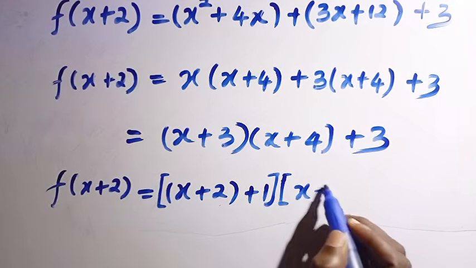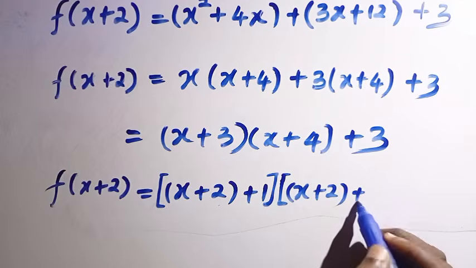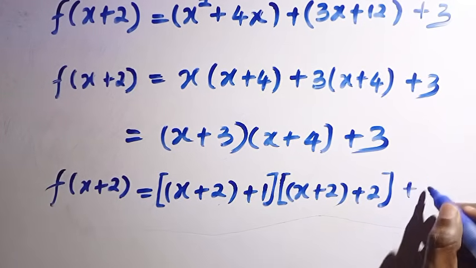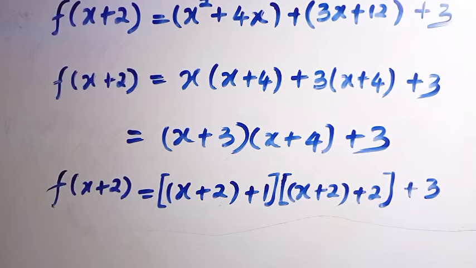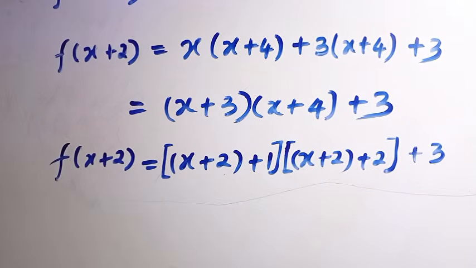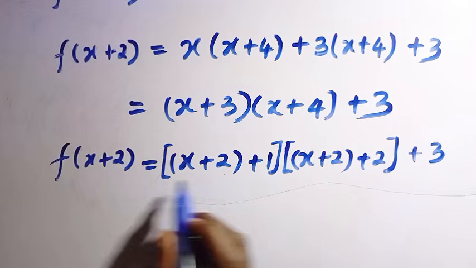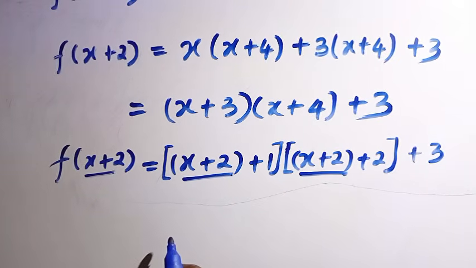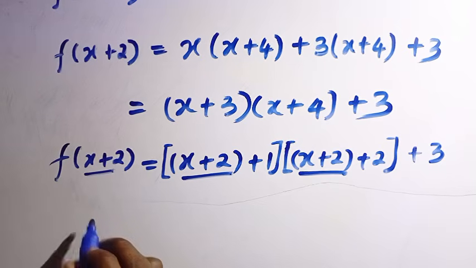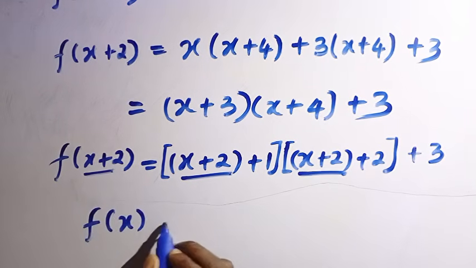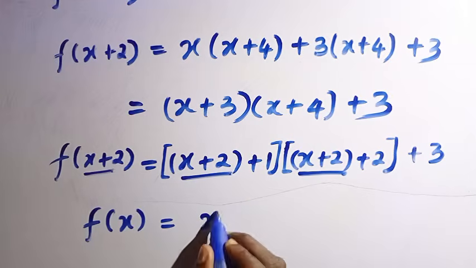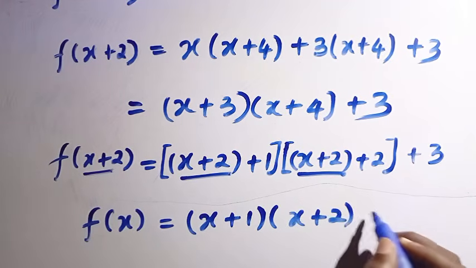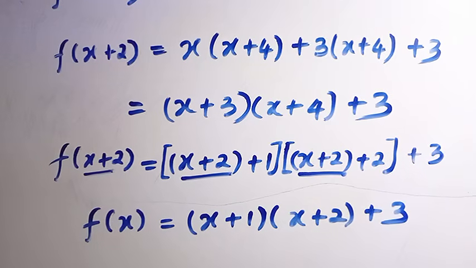Again, we have x plus 2, so here is plus 2, bracketed as well, then plus 3. Next, anywhere I see x plus 2, I'm going to replace it with ordinary x, since I need f of x. This gives us f of x equals x plus 1 multiplied by x plus 2, then plus 3 outside.